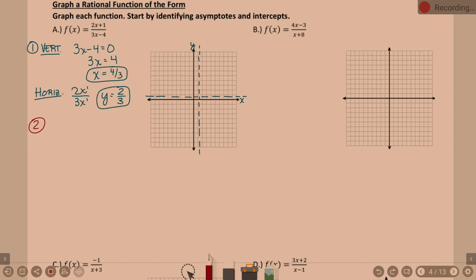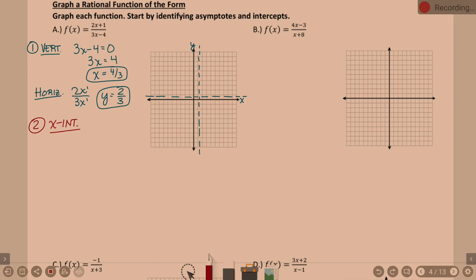So I'm going to call this step 2. And I think I usually start with the x-intercept. So x-intercepts are where my graph crosses the x-axis, right?